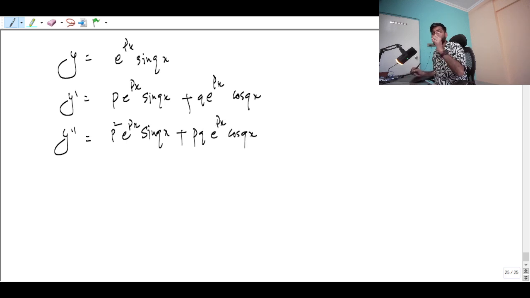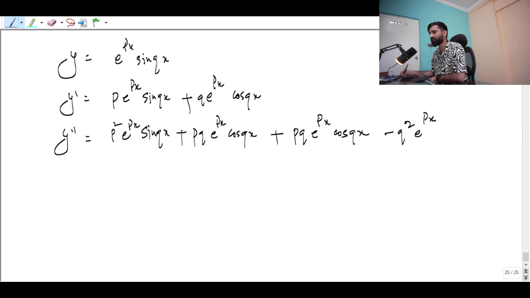You have to differentiate step by step, then come to the second term. Here it is going to give you pq e raised to power px cos qx, right? Then it will be minus q square e raised to power px sine qx.